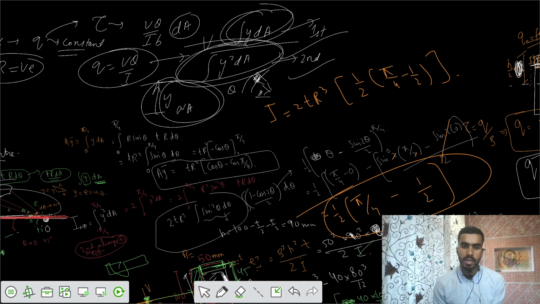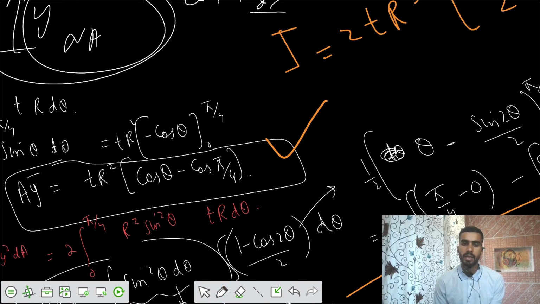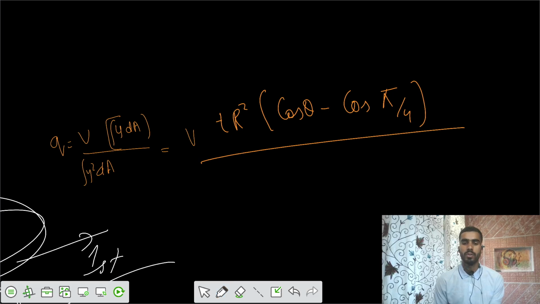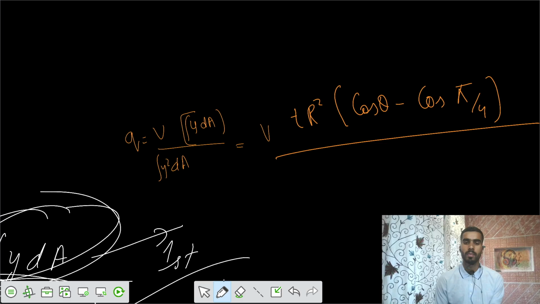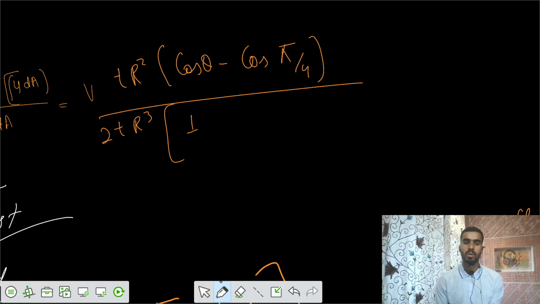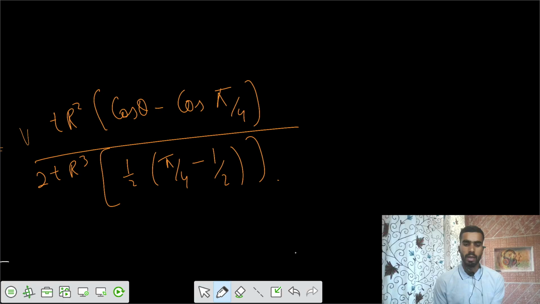Value of y dA, that's A y bar, that is this one: tr square into (cos theta minus cos pi by 4), divided by integral of y square dA, 2tr cube into the value 1 by 2 pi by 4 minus 1 by 2. So the final value of Q, shear flow, is equal to this one. So we can simplify it.